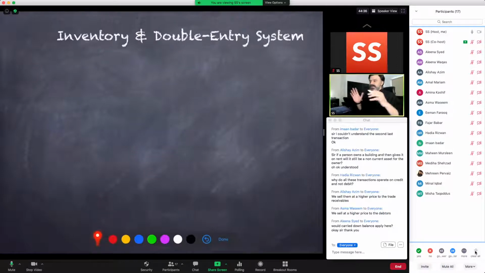So all of this theory conceptual part needs to be understood outside the double entry system first, their connections and everything. Now we are going to bring all of this discussion within the double entry system. When we use the term double entry system, that means we are talking about what to debit and what to credit.